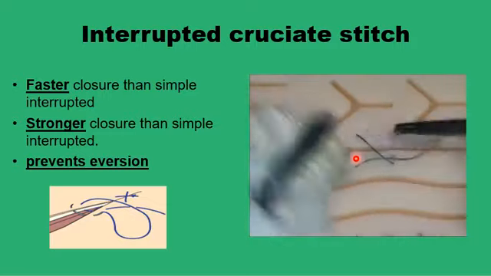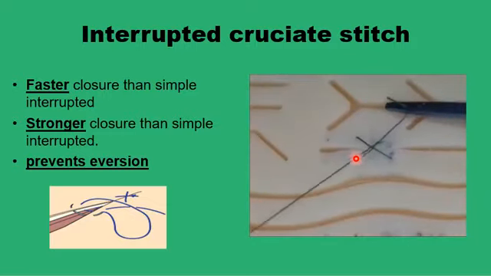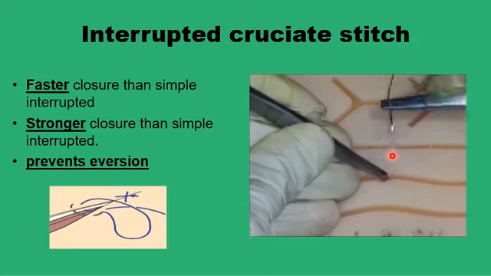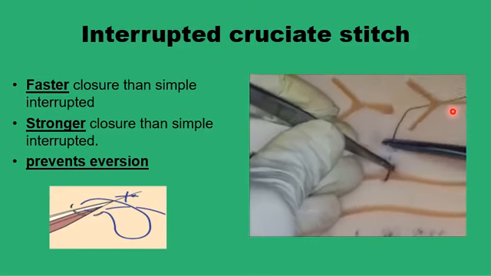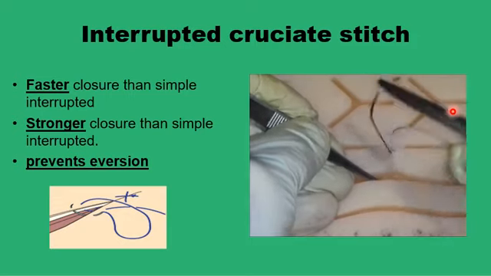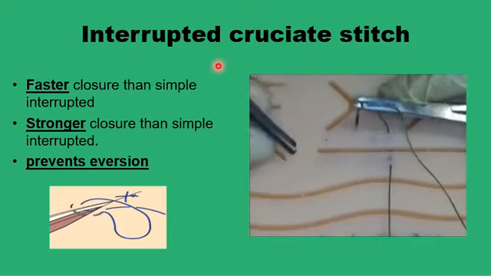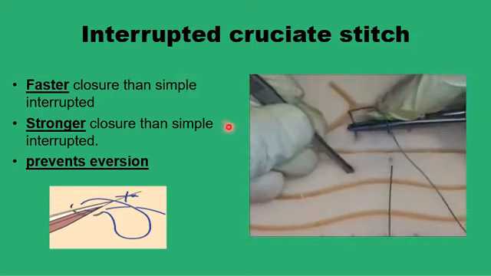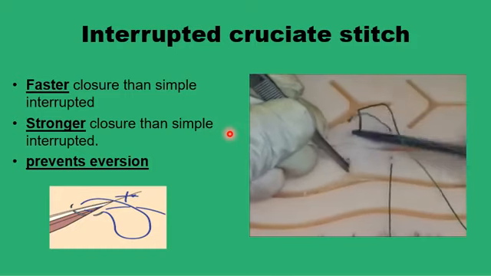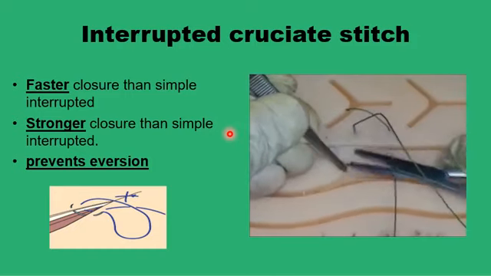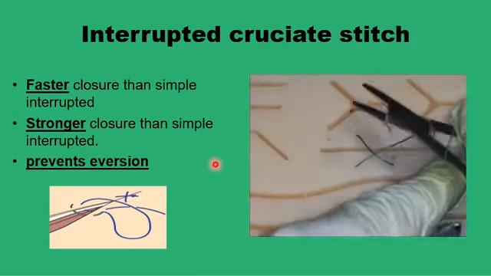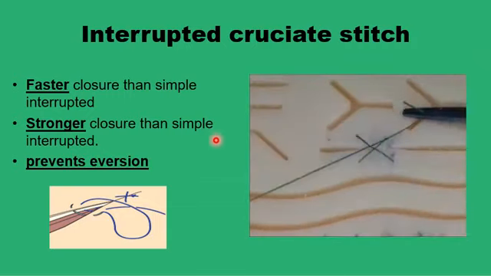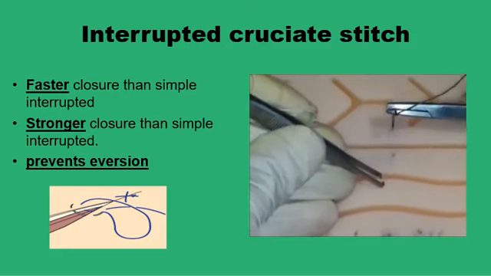And now when you tie the suture line, it will be like a cross configuration rather than parallel bridges of suture line. And this would provide a stronger type of closure that can actually disperse tension a little bit better. It also prevents eversion of the wound and induces some degree of inversion.